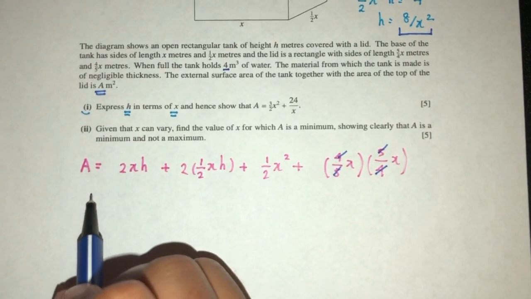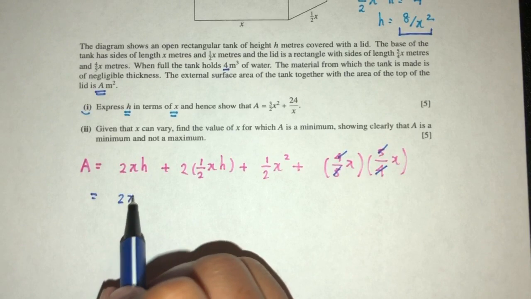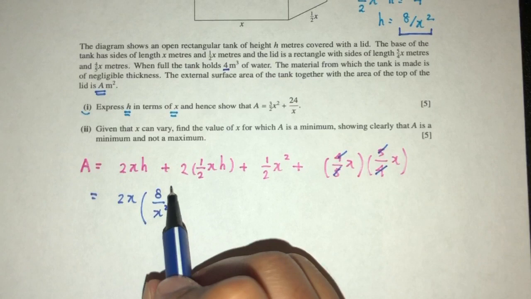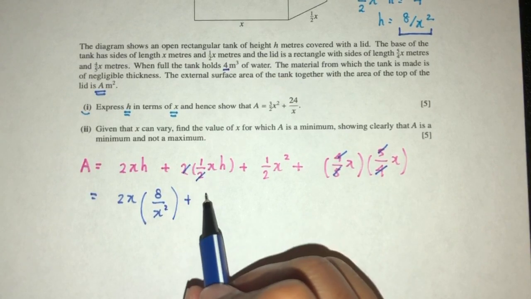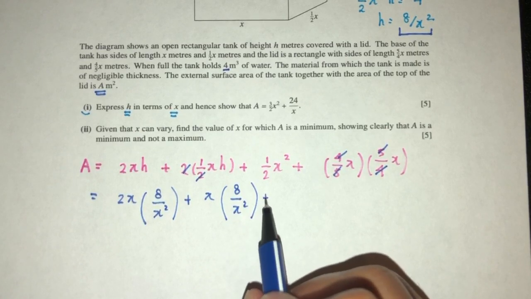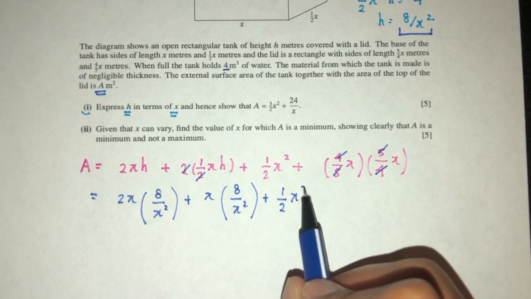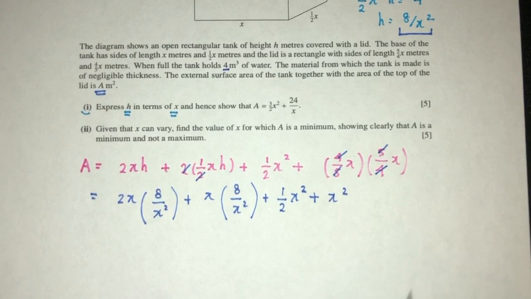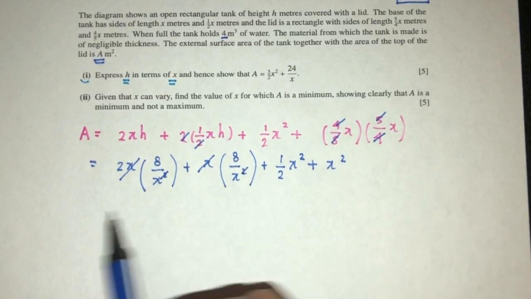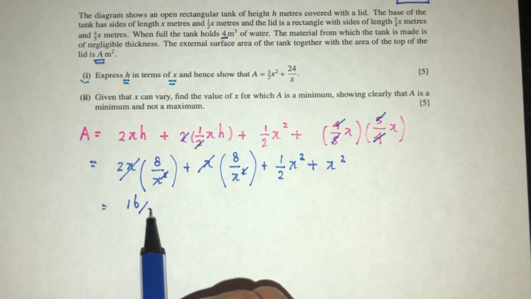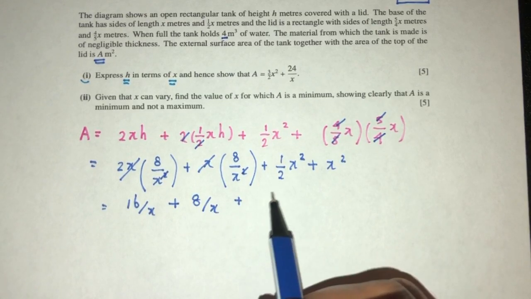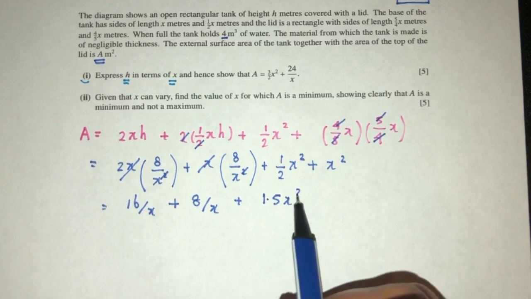So A will be 2xh, where h is given by 8 over x squared, plus xh, which will be 8 over x squared, plus half x squared plus x squared. So this will cancel out, and you'll have 16 over x plus 8 over x plus 1.5 x squared.